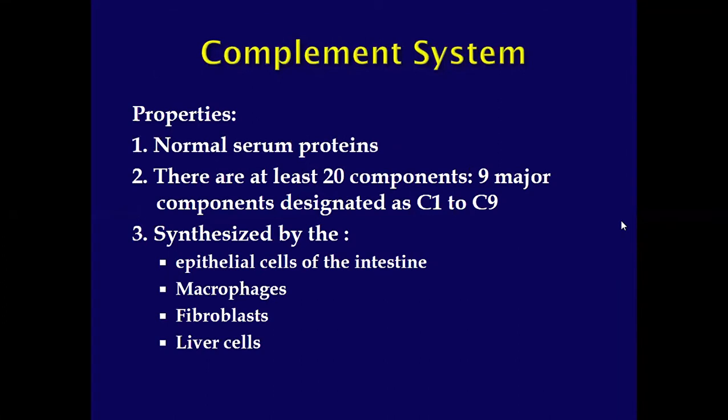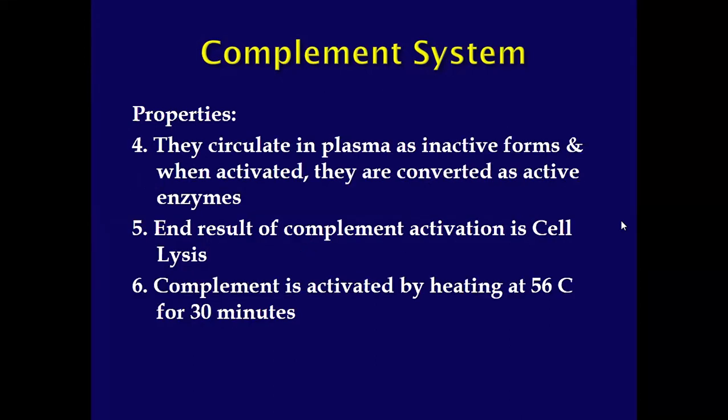So, since they occur in the serum, what are the cells responsible for their synthesis? They are synthesized from the epithelial cells of the intestine, macrophages, fibroblasts, and liver cells. They also circulate in the plasma in inactive forms. And when they are activated, they are converted into active enzymes.